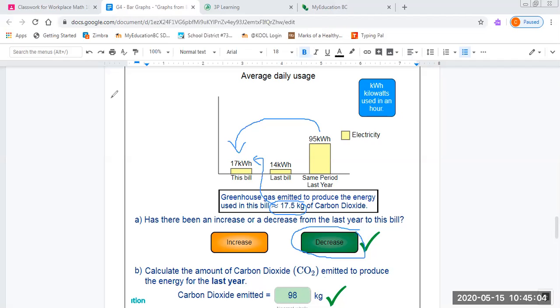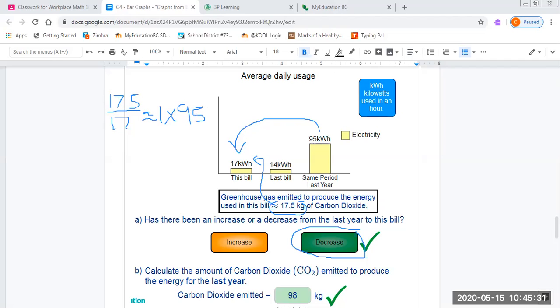So once again, to figure this out, it's 17.5 divided by the 17. Now this is going to give us a number that is fairly close to 1, but it is a little bit more than 1, so approximately 1. And then we're going to have to multiply that by the last year amount, which is 95. And so what we're going to end up with is not a number that's 95 because it's approximately 1. It's going to be a bit bigger than that.